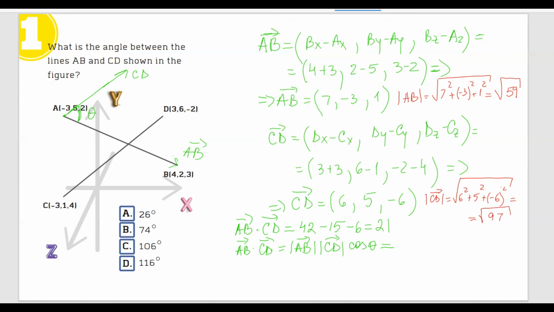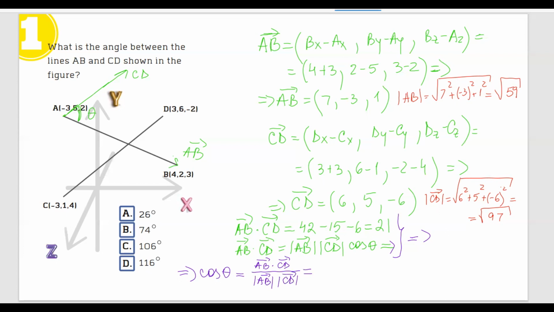So now that we have the magnitudes, we can go ahead and, from these two equations, calculate the cosine of theta. So cosine of theta is going to be equal to, from this formula, vector AB dot CD divided by the magnitude of AB multiplied by the magnitude of CD.